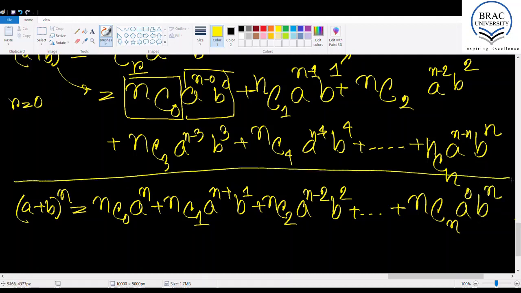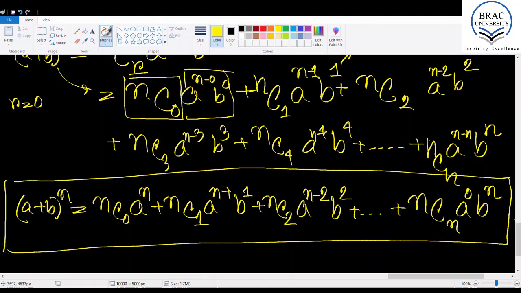So this is known as the binomial expansion theorem, and this is how the idea of combinations is very important in determining or generalizing the binomial expansion theorem. Thank you.